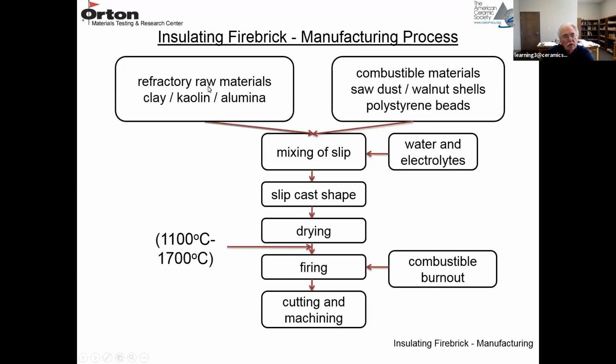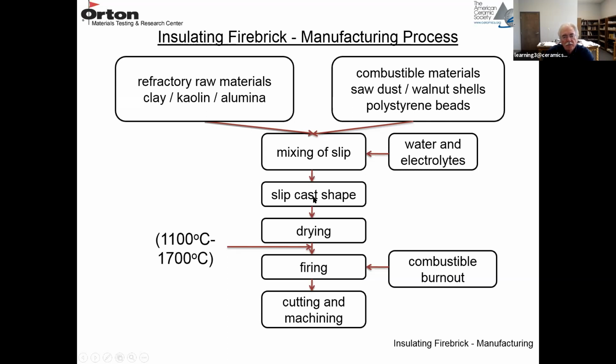So you start out with whatever refractory raw materials you're going to use. It could be a clay, it could be a kaolin clay, it could be alumina. You add a combustion type material, whether it's sawdust, walnut shells, or some type of polymer. You form a slip with water and electrolytes. The electrolytes create a charge on the particles and they stay in suspension.